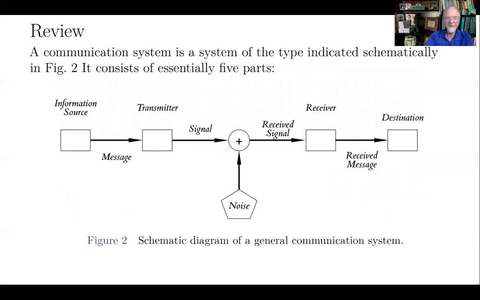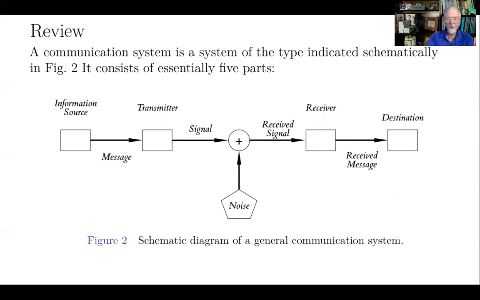So the communication system, this is figure 2 in this one, a figure from Shannon's paper. So you have the information source, and then you have a message. You can think of the information source as a collection of all possible messages without any understanding of what the meaning is.